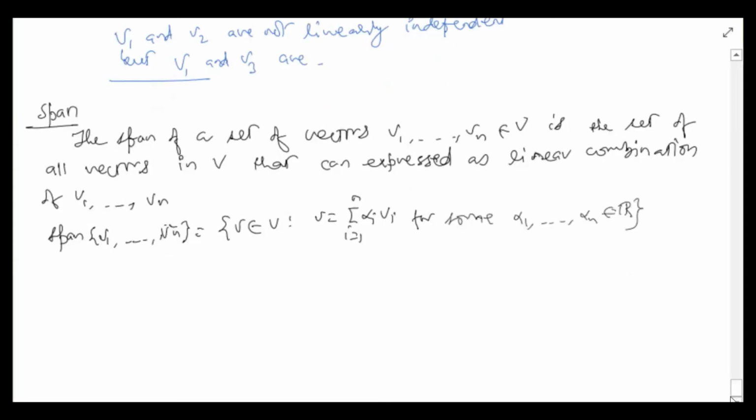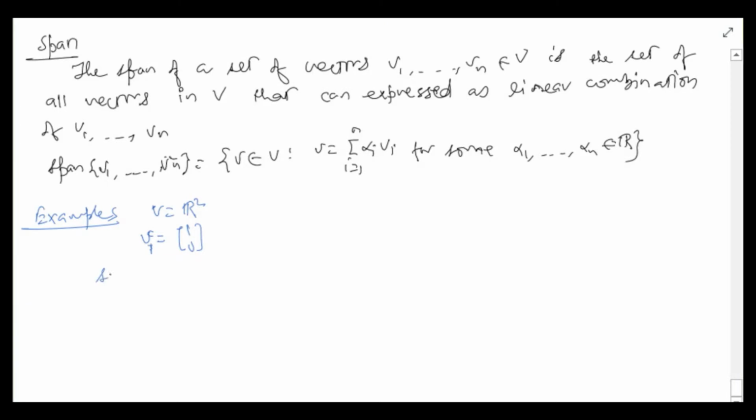Let's see examples. Let's take V to be R2, and I take just one vector, that is 1, 0. Let me call it V1. What is span of V1?